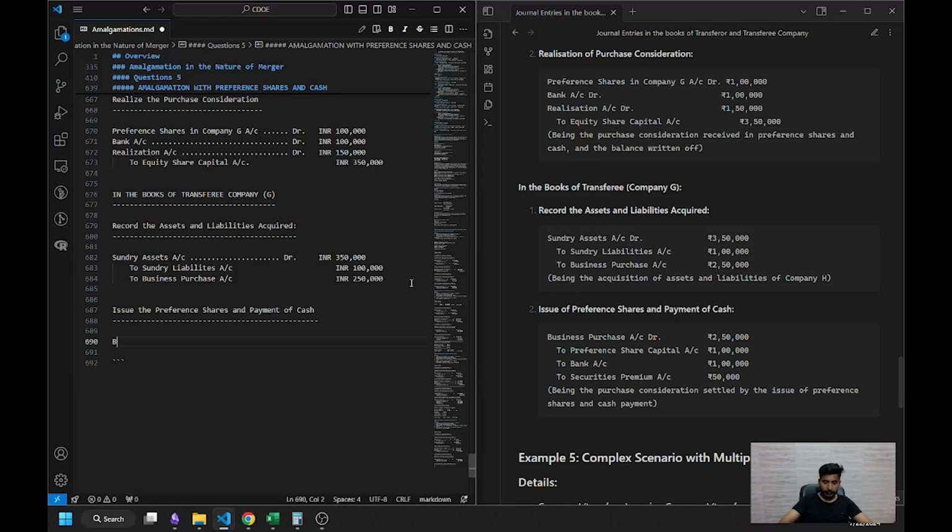So the business purchase account will be debited to preference share capital account, to bank account, to securities premium account.